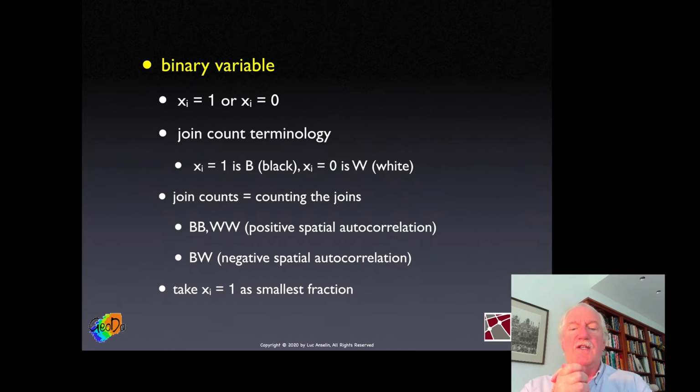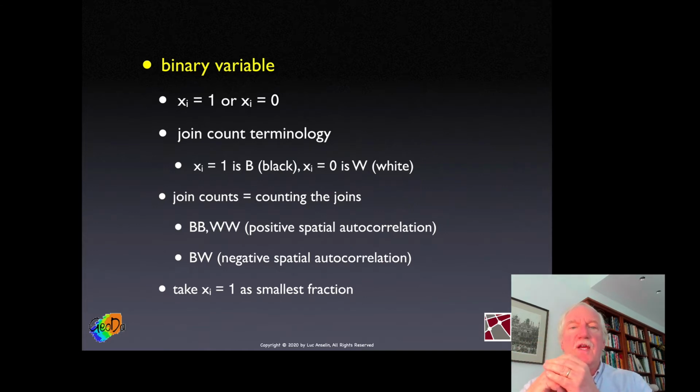Right? That's the idea. And the join count statistic counts the joins. So it counts for the data set how many of these are BB, WW, that's positive spatial autocorrelation, similar values in adjoining locations, and then the 0, 1s, the BWs, the negative spatial autocorrelation.